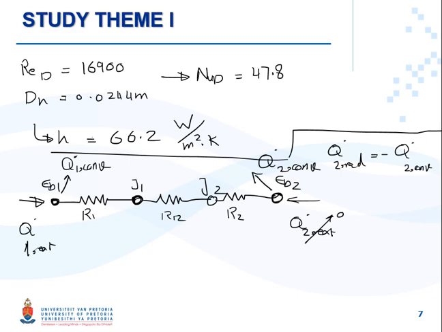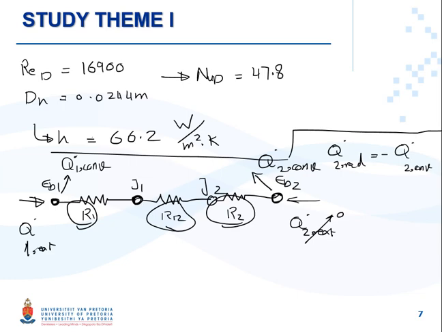We have two surfaces with emissivities, so we have two surface resistances, as simple as that. And since there is just one space between these two surfaces, we have just one space resistance.